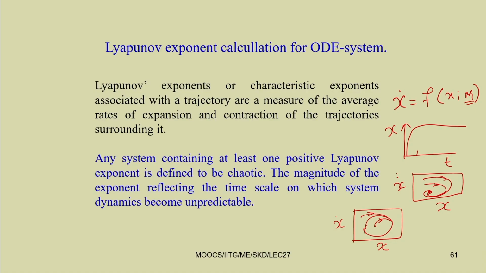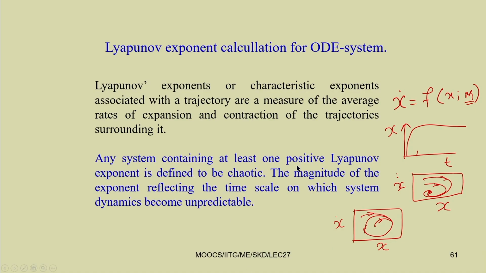To study this deviation in the trajectory, whether they are coming closer or going away, that is, the average rate of expansion or contraction of the trajectory, generally we use this Lyapunov exponent.